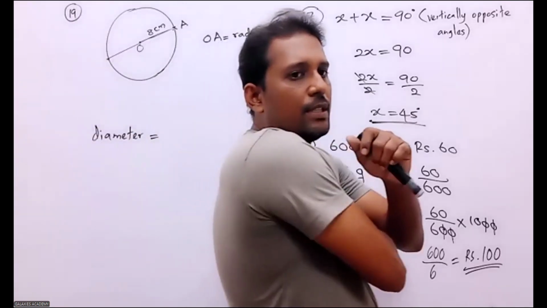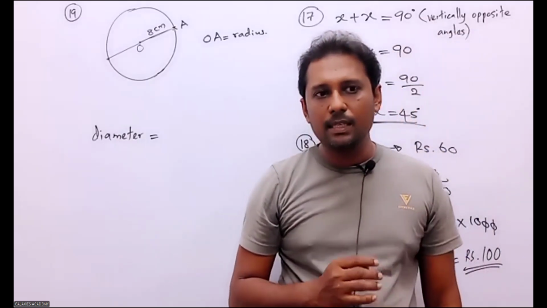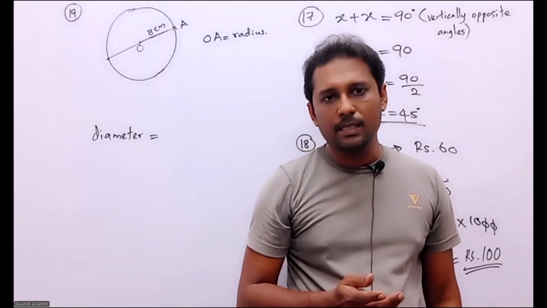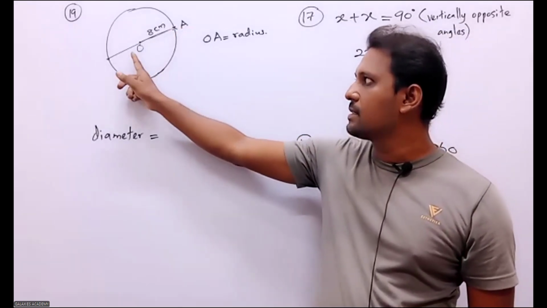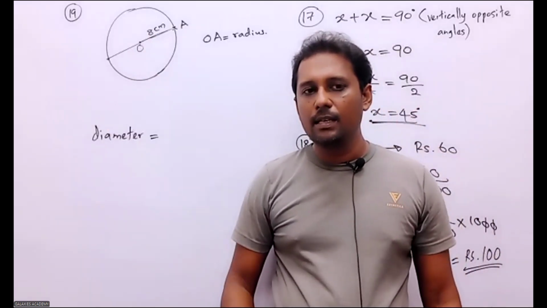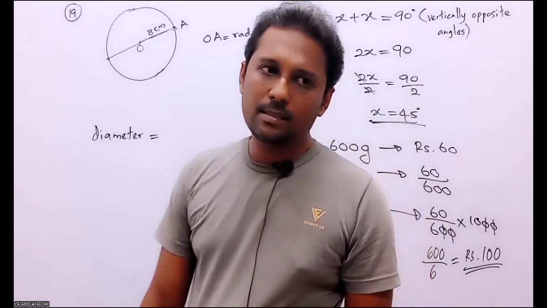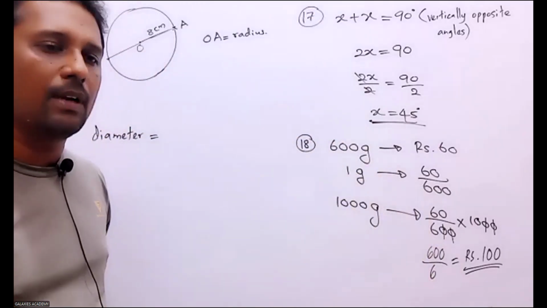What's the relationship between the diameter and the radius? The diameter is equal to twice the radius. This diameter is formed by two radii joined together, so the diameter is equal to the length of two radii.